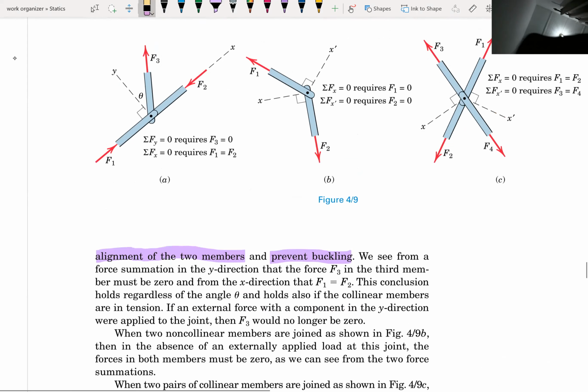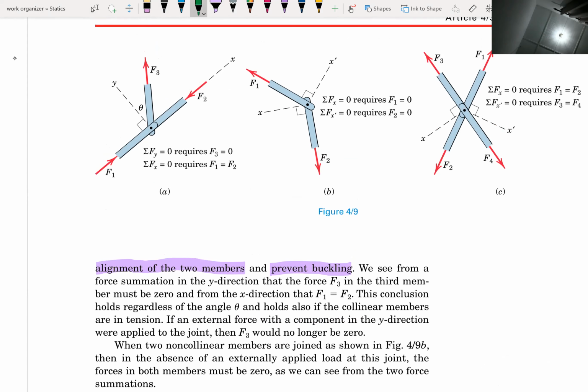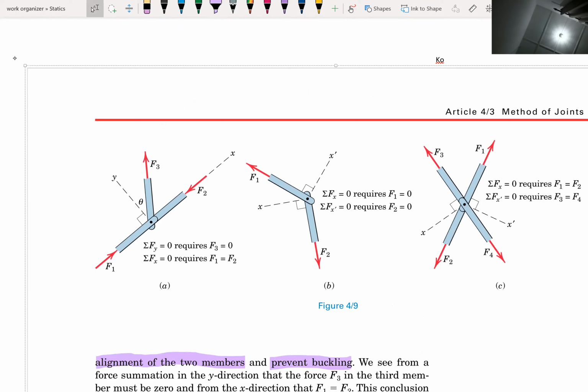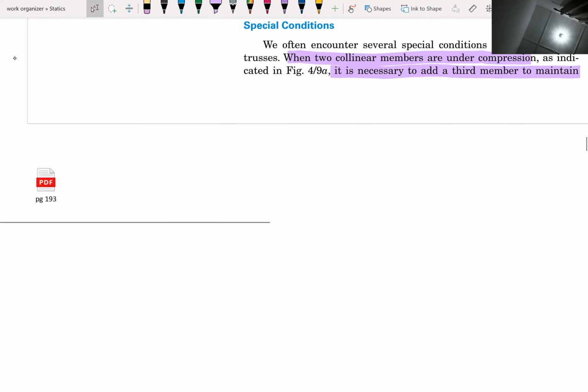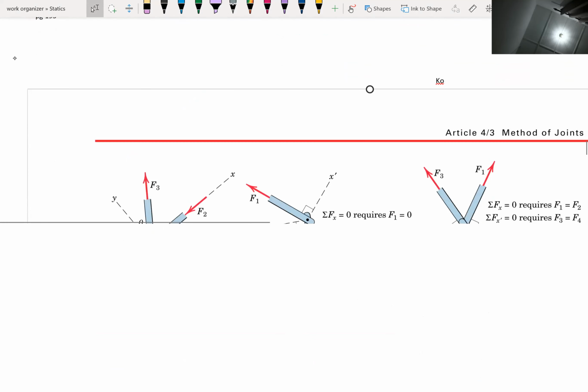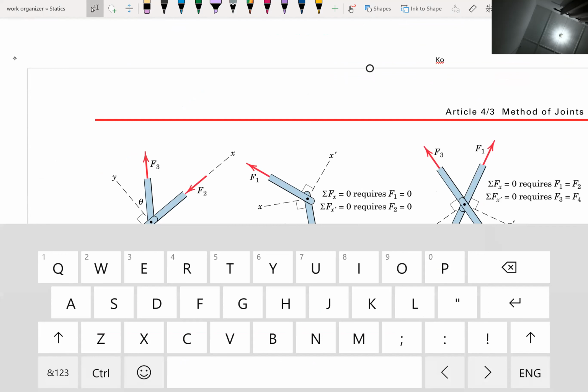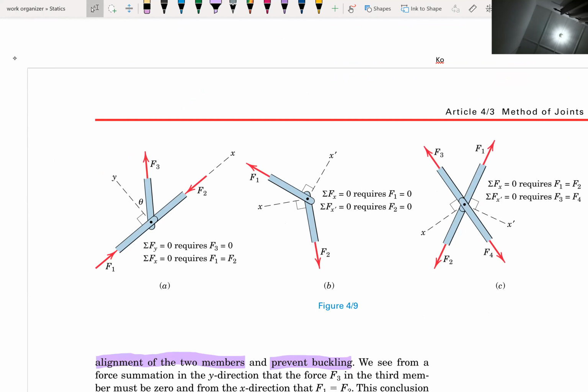This is what we called earlier two collinear members.